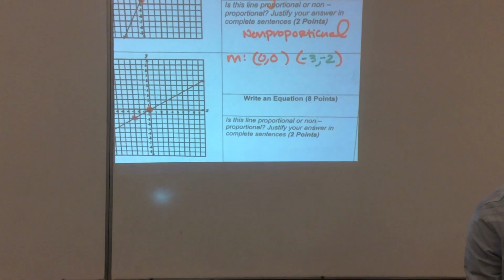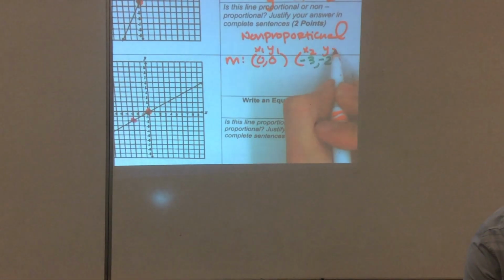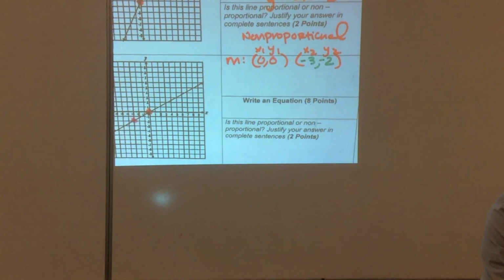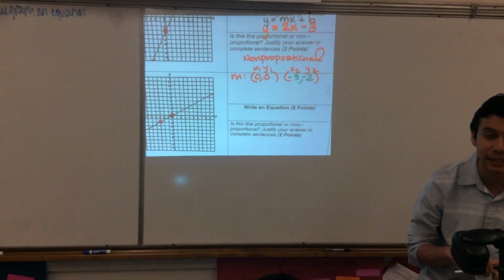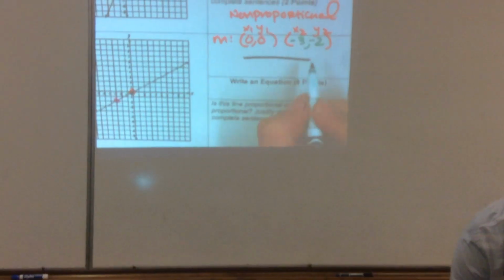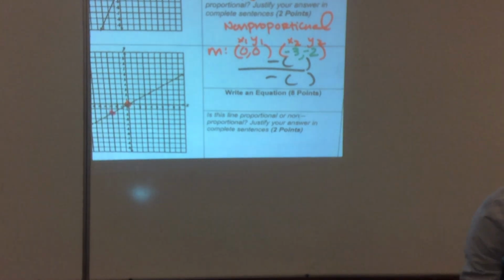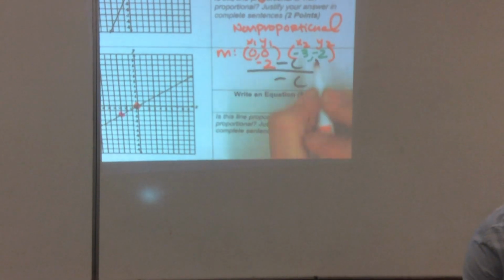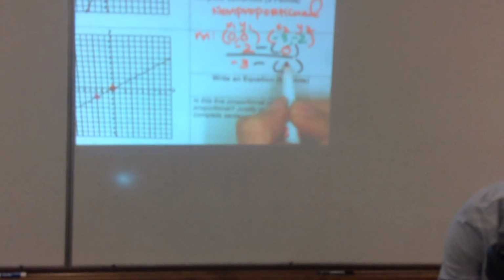Okay, here we go. Easy stuff. x1, y1, x2, y2. Break it up, write the slope formula. Let's go over -2 minus 0, -3 minus 0.